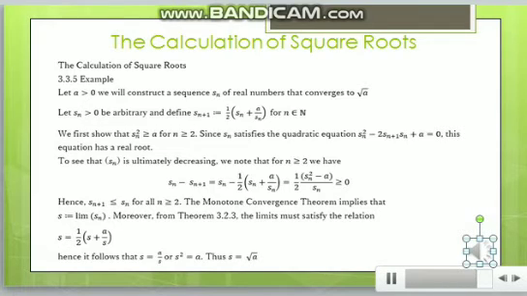Moreover, from theorem 3.2.3, the limit must satisfy the relation S = 1/2 (S + a/S). Hence it follows that S = a/S, or S² = a. Thus, S = the square root of a.